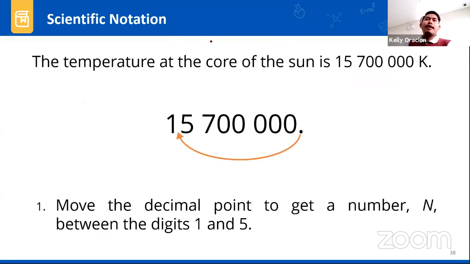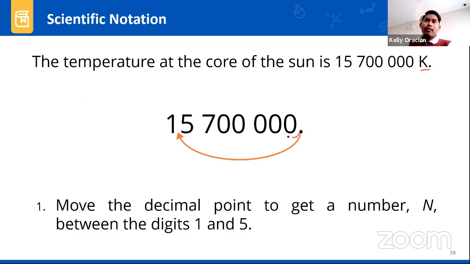So let's have an example. The temperature at the core of the sun is 15,700,000 Kelvin. K stands for Kelvin. Now, if we are going to transform this number to scientific notation, this is the decimal point.